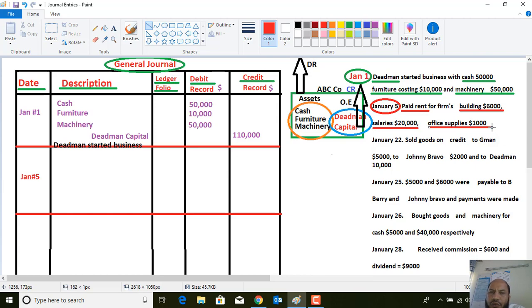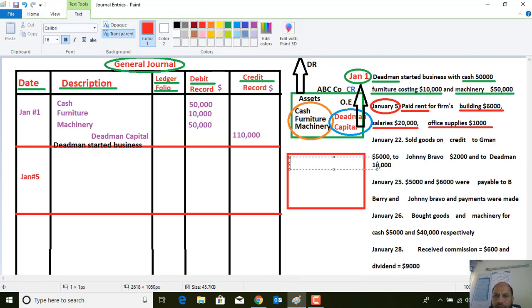So if you see over here, in this transaction some accounts are involved. Let's explain these accounts one by one. What happened? The person paid rent expenses. That is one thing. Second, he paid the salaries. And also he used the supplies.